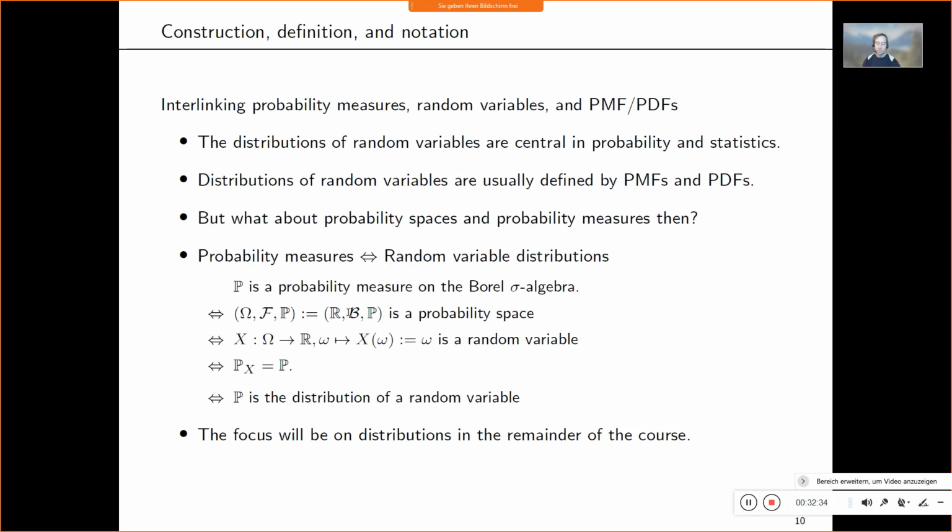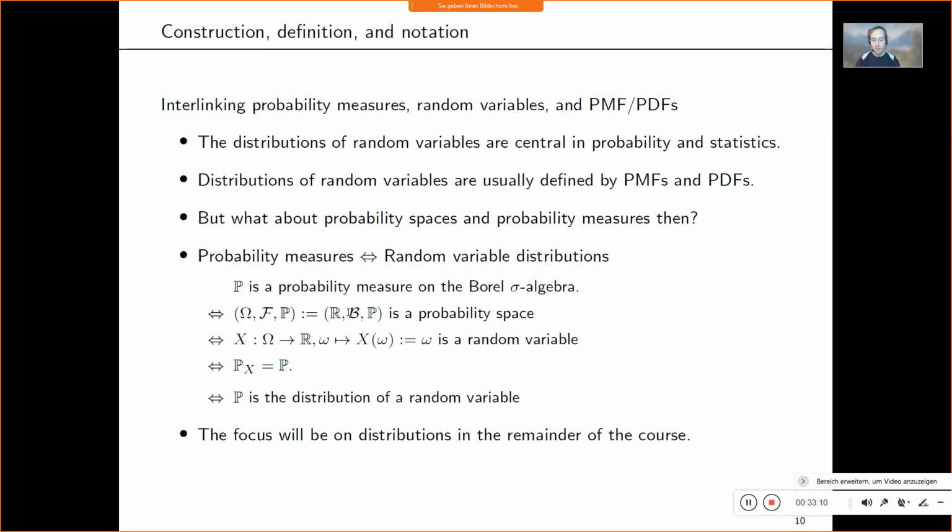It's always there, but we can safely, and still mathematically grounded, focus on distributions, so the probability measures of random variables, in the remainder of the course. And for each distribution, if you want to ask what's the underlying probability space, I can always tell you, well, just assume that the random variable is the identity function, and then you already have your underlying probability space.